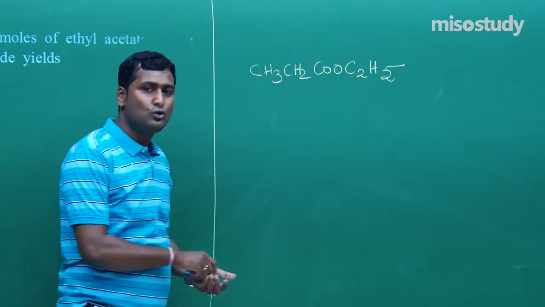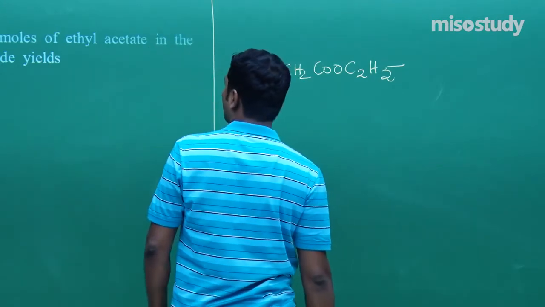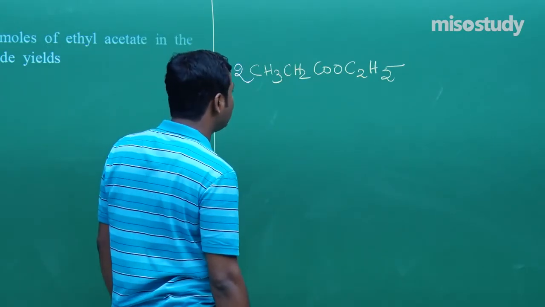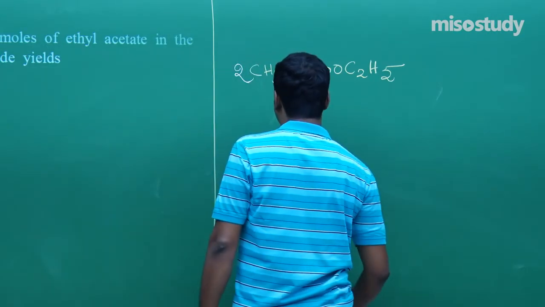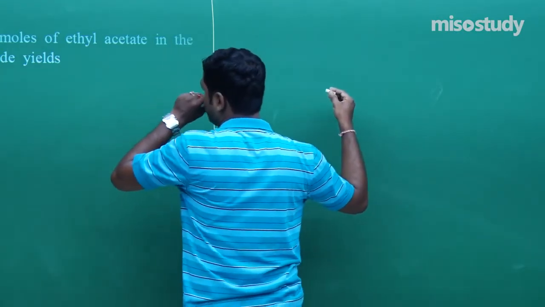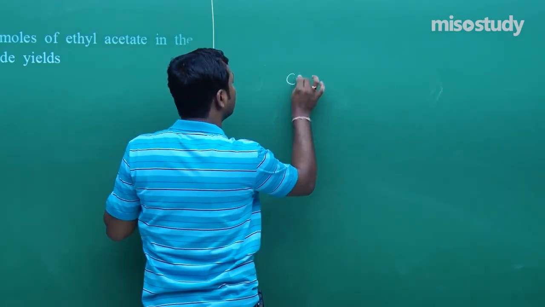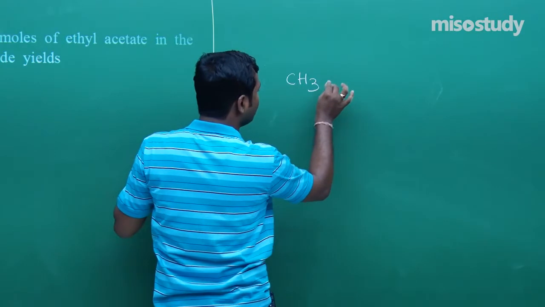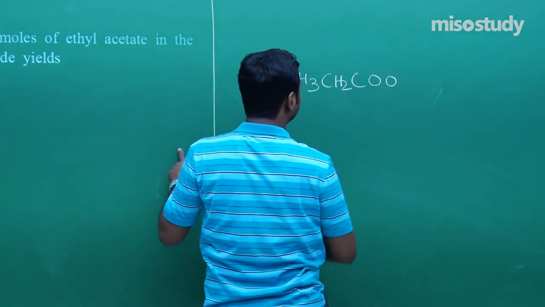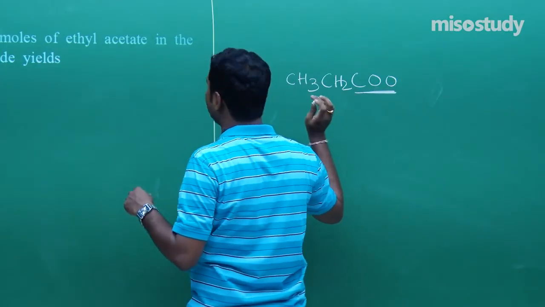Clear to you? 2 moles of ethyl acetate in presence of sodium ethoxide. What will happen in this case? Sir, tell me. It can be written like this: CH3CH2COO. Clear? Acetic ester, ethyl acetate.